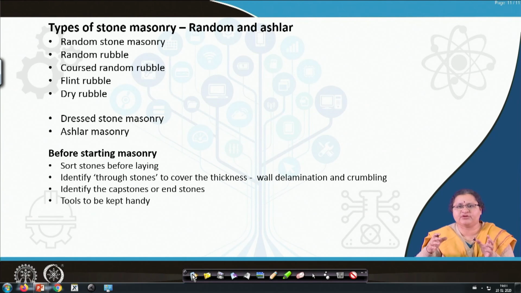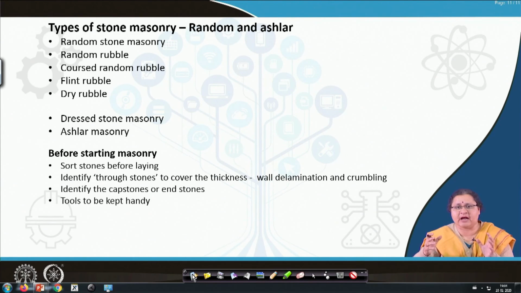You need appropriate tools, which are not much required in case of brick masonry. Brick, you can pick up with your hand. Stone, depending on the size, you may require more than one person in the entire operation.